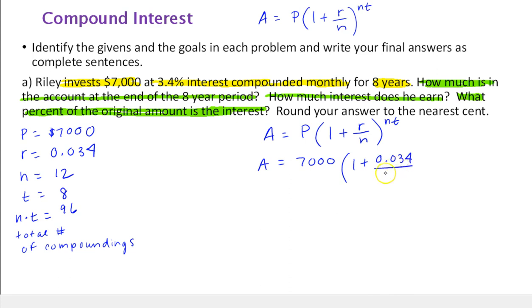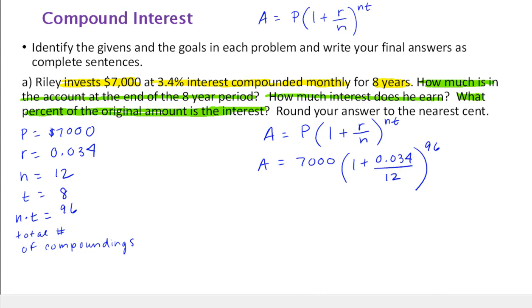The number of compoundings per year is 12, so we divide by 12. And then instead of putting N times T, I'm going to put our result that we already found. We're going to raise this to the 96th power. Now, if you have a scientific calculator or a graphing calculator, you can put this in one big step or in one big line.